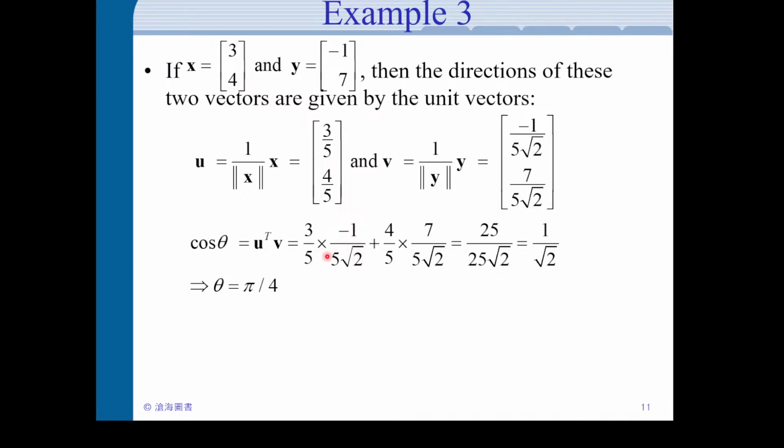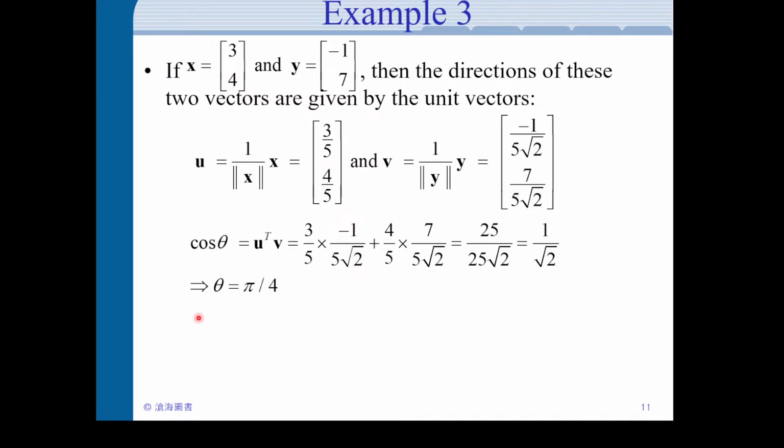The denominator will be 25 square root 2, and up here you have -3 plus 28, so it's 25, and the 25s cancel out. We have a nice answer: 1 over square root 2. So cosine theta is 1 over square root 2, and if you take the arccosine, it should be 45 degrees, or pi over 4.